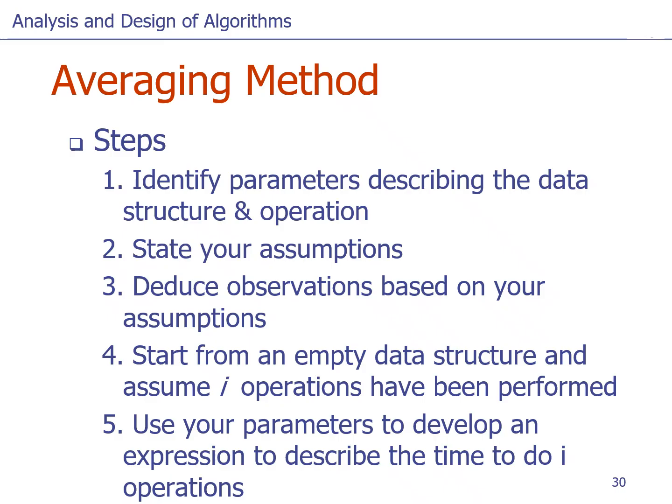If this is a tree, talking about the height of the tree. If this is a queue, talking about how many elements are in the queue, or the rate of insertions to deletions from the queue, or the rate of enqueues versus dequeues. So you have to come up with some way to quantify the behavior of the algorithm that reflects the changes or the computations that happen.